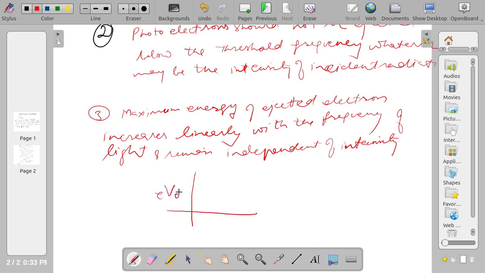So that means eV naught is basically like this, with nu naught marking the threshold.